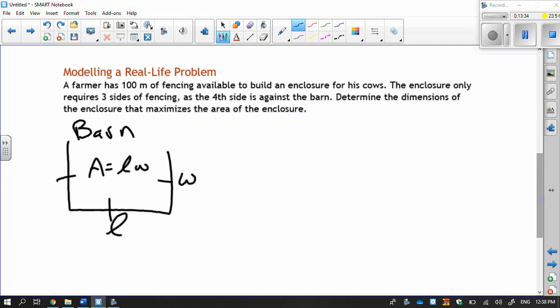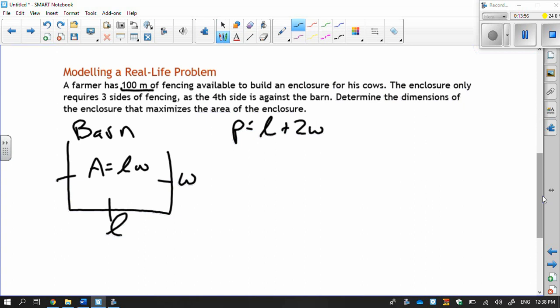So let's do it this way. We have 100 is equal to L plus 2W, and then 100 minus 2W is equal to L.